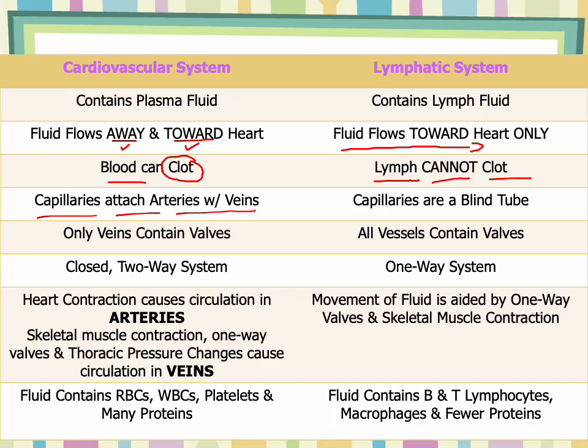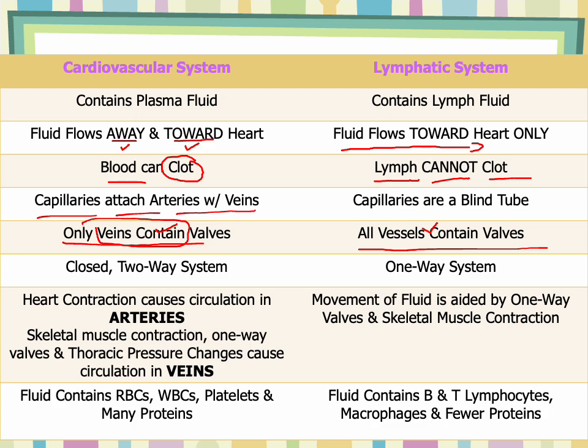In the cardiovascular system, only veins contain valves. In the lymphatic system, all vessels contain valves. And there is a similarity between those two because the vessels in the lymphatic system lack smooth muscle, similar to the very little smooth muscle that veins have, right?